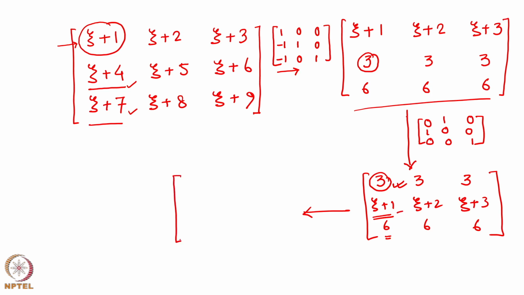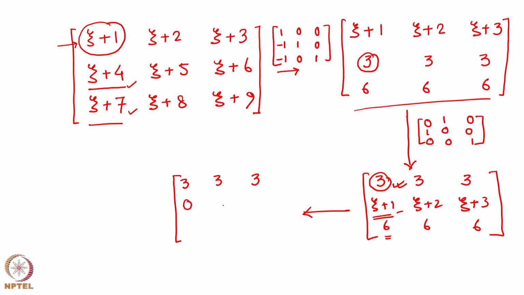What is the result of that? Of course, the first row remains intact. The second row changes by minus xi plus 1 by 3 multiplied to row 1. That is, this will become 0.